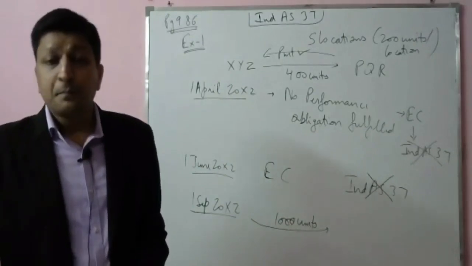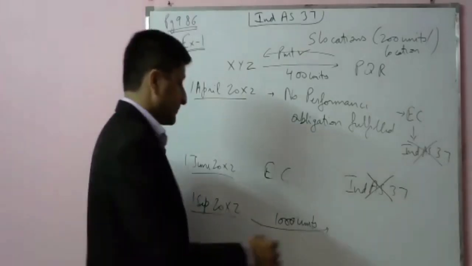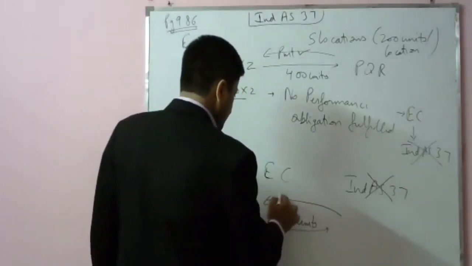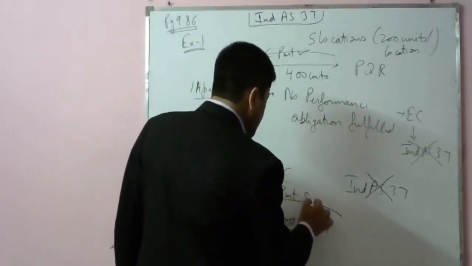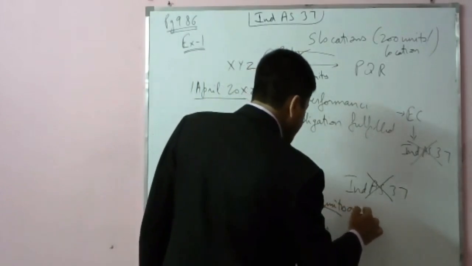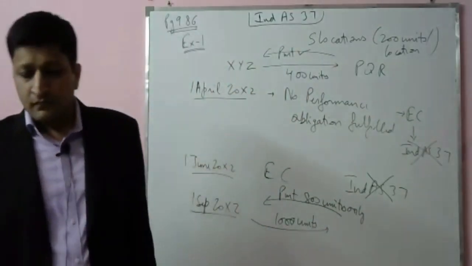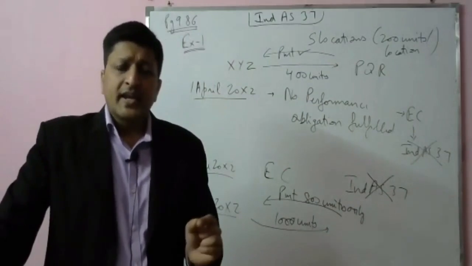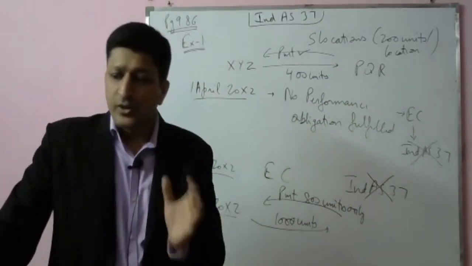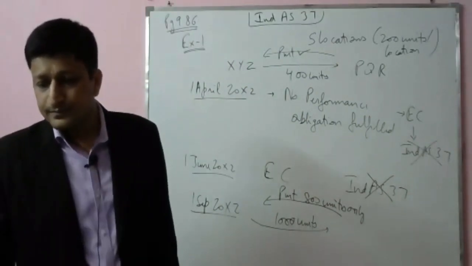But PQR has paid only for 800 units. Payment has gone out for 800 units only. Okay. Now, can we say this contract is executory in nature? Is this an executory contract now?